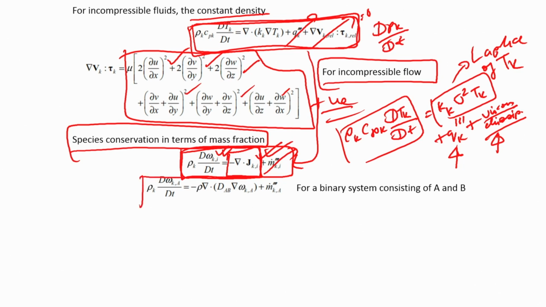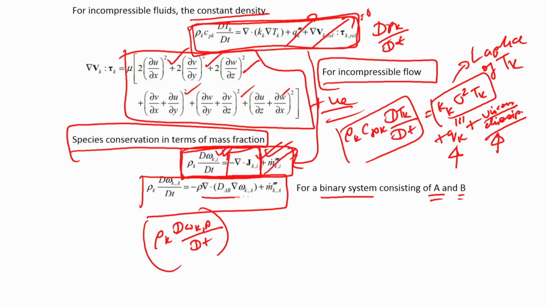This looks very similar if you consider the next expression for a binary system. If the system is composed of A and B, that is two components, where one diffuses through the other, you can see that this is rho k d omega k A; I am writing it for the A component, that is the convective term. This particular term looks exactly the same as your diffusion term; if you look at the similarity, you can see it.